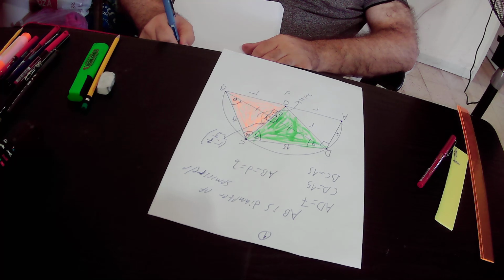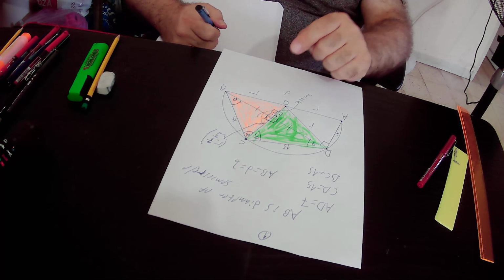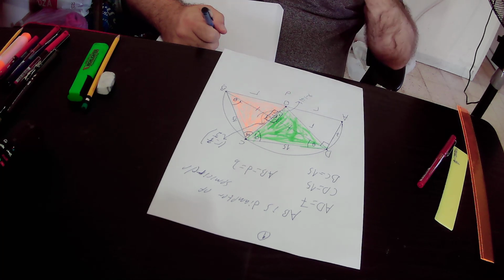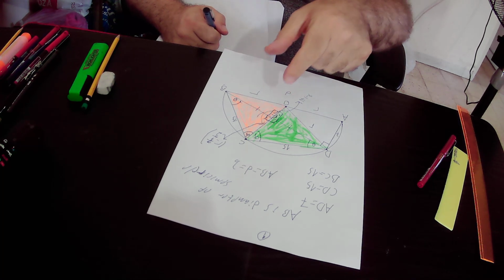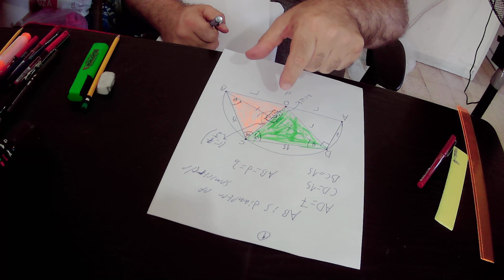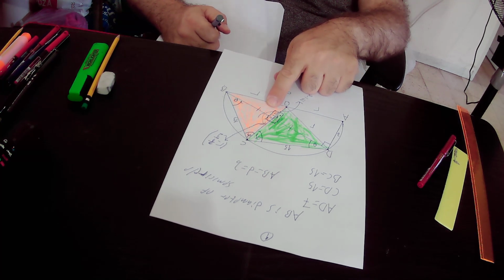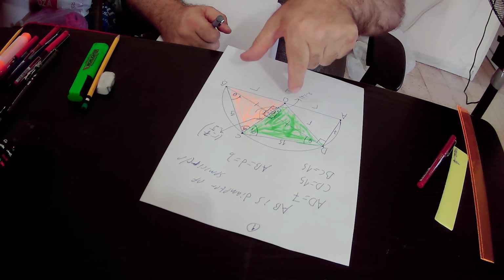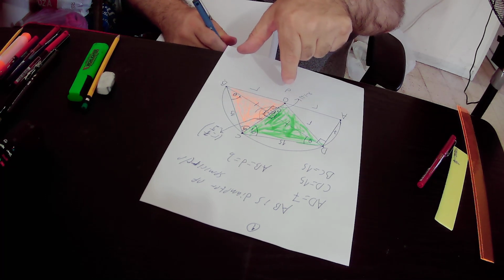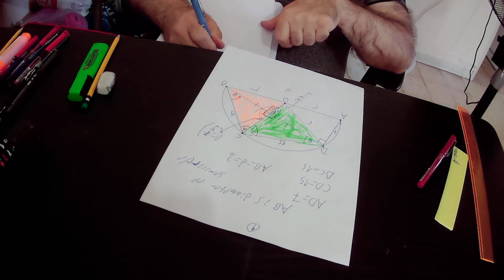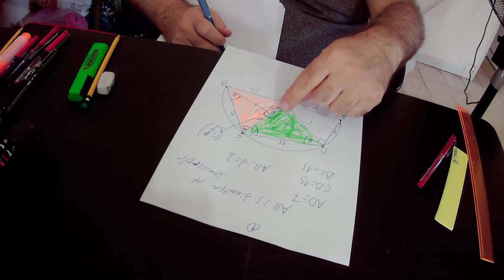And then we will implement the Pythagorean theorem in the two right triangles. Because EB square, from one side, if we focus on this triangle, EB square will be equal to OB square minus OE square.